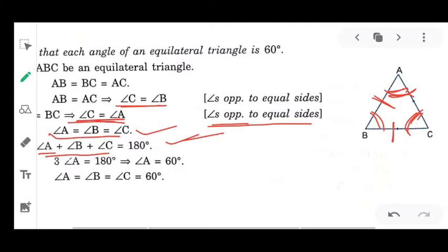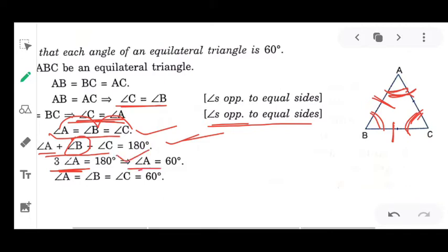Okay, so we can write angle A instead of angle B, and we can also write angle A instead of angle C, because angle A equals to angle B equals to angle C. Okay, so A plus A plus A will be 3 angle A equals to 180.